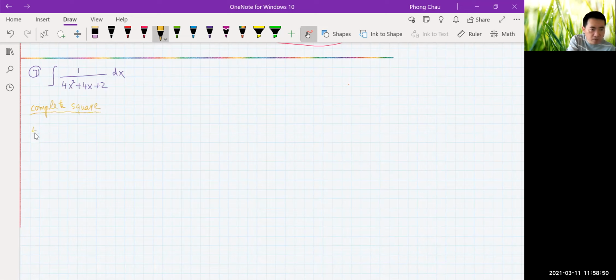So you look at the denominator here, 4x squared plus 4x plus 2. To complete the square, again, you need to have that written in decreasing order of the power. Step 1, which it is. Step 2 is you're going to need to make sure the leading coefficient is 1. In this case, not. So we're going to factor out the 4 from the leading term there.